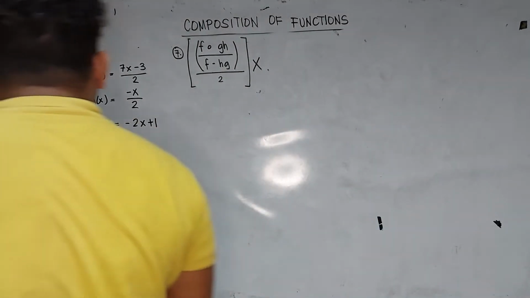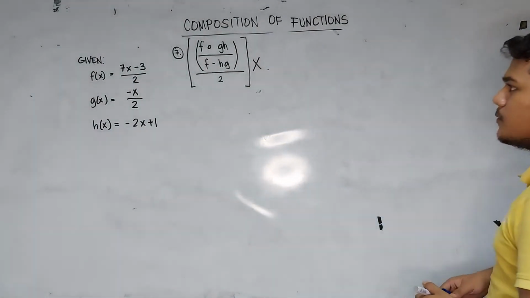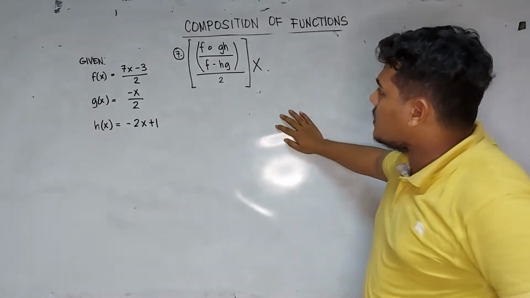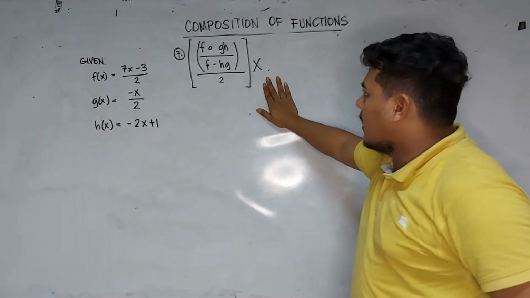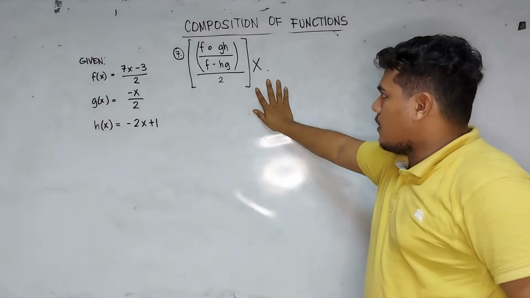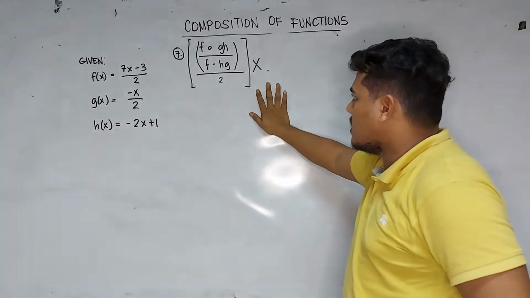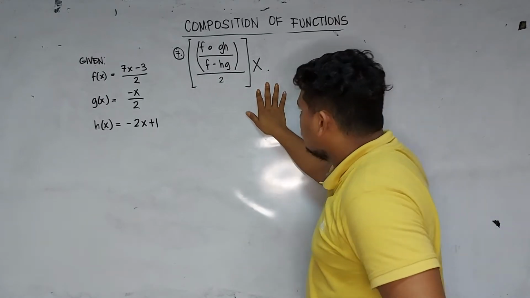With the same given, f of x equals 7x minus 3 over 2, g of x equals negative x over 2, h of x equals negative 2x plus 1. Compose and evaluate the quantity of f composed of gh over f minus hg of x over 2 of x.